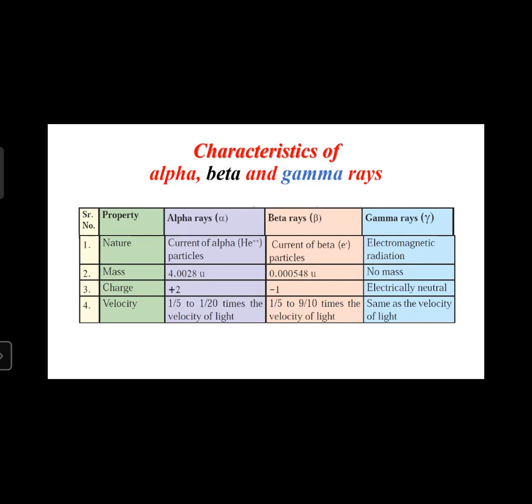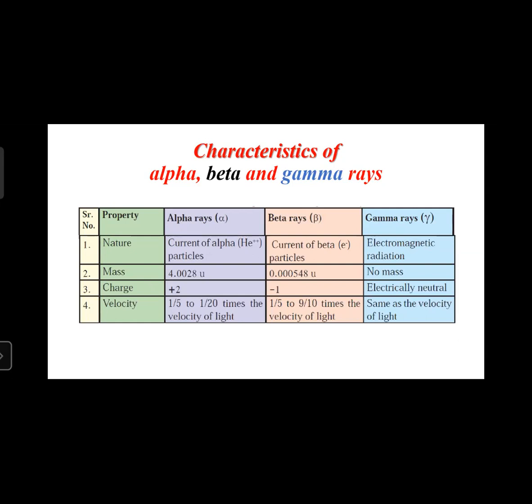Mass: gamma rays have almost no mass, beta rays have some mass, and alpha rays have the maximum mass of the three. Next, charge: +2 charge on alpha rays, -1 charge on beta rays, and gamma rays are electrically neutral.